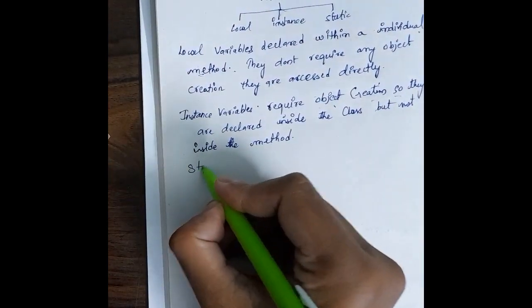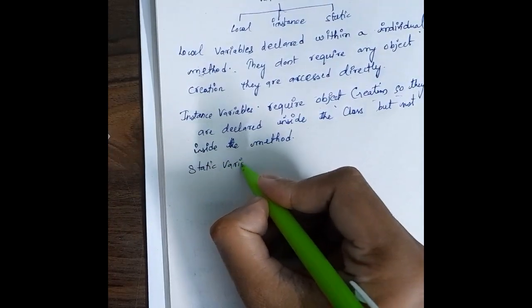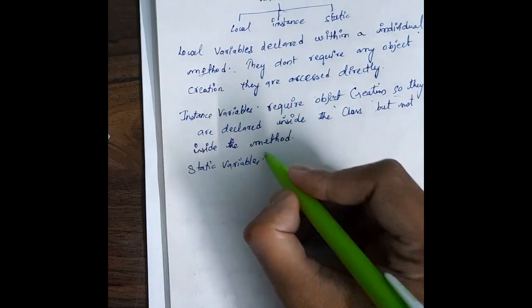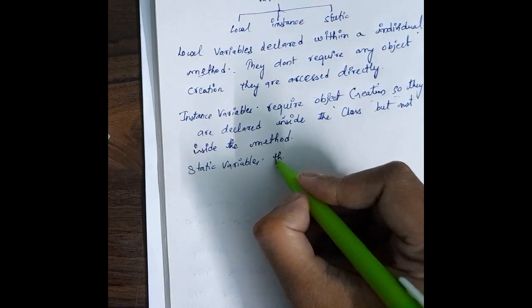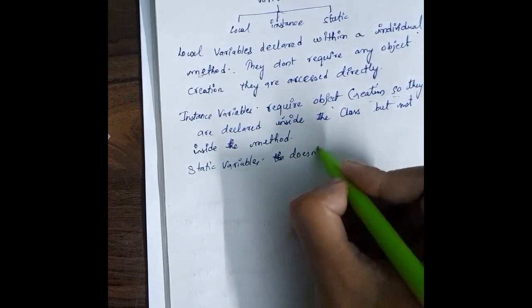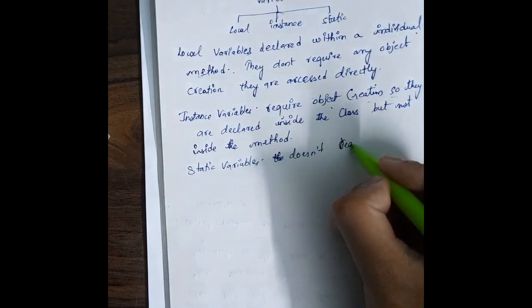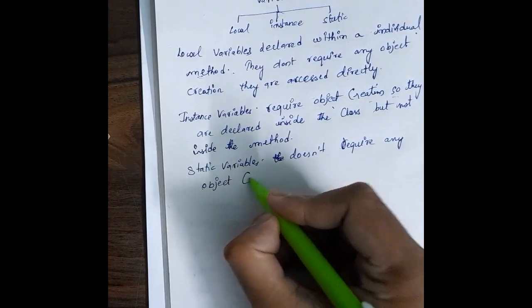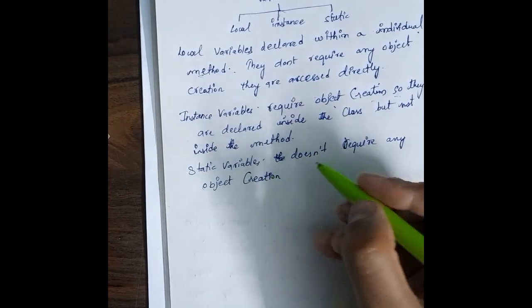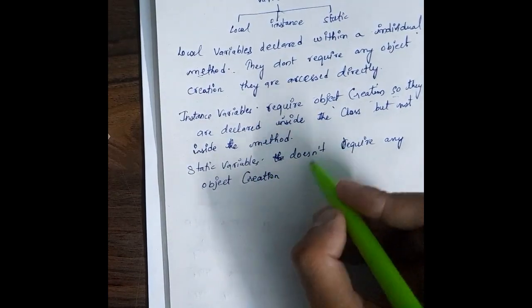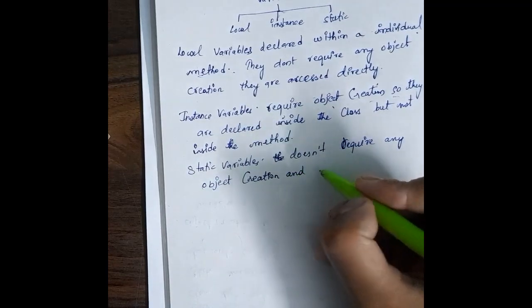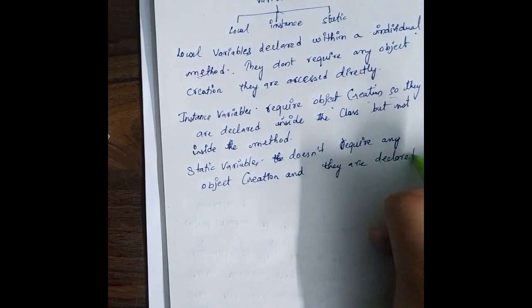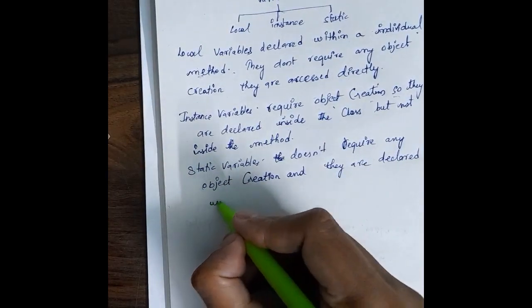Whereas static variables are same as local variables, they don't require any object creation. Static variables don't require any object creation, and they are declared using static keyword.